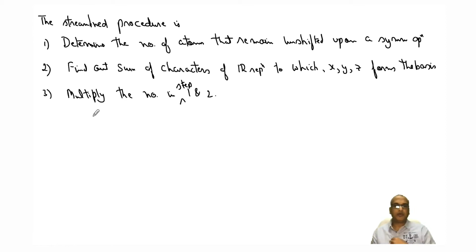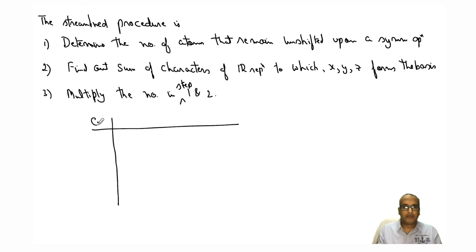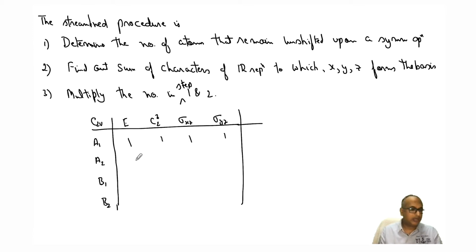Okay, so now let us see. For that we need to write down the character table of C2V. So E, C2Z, sigma XZ, sigma YZ. So we have A1, A2, B1, B2. For A1 you have all positives. For A2 you have both sigmas negative.